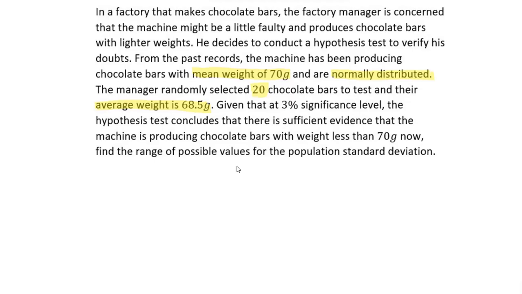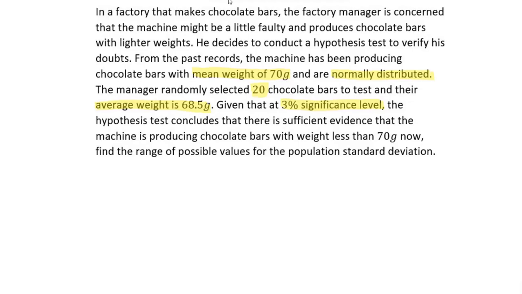At 3% significance level, the test concludes that there is sufficient evidence that the machine is producing chocolate bars with weight less than 70 grams. So we rejected the null hypothesis here. That's given, and then we are supposed to find the range of possible values of the population standard deviation.